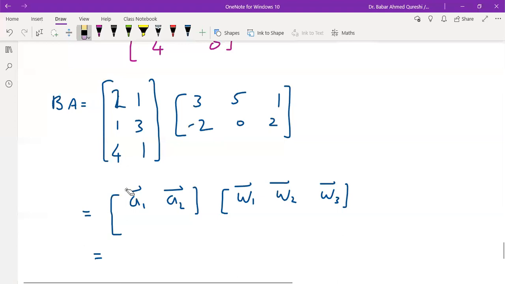So I'm doing the first method, so I don't need the columns in this. In this, I need the row vectors. Let's give them new names. Let's call them S1, S2, and S3.